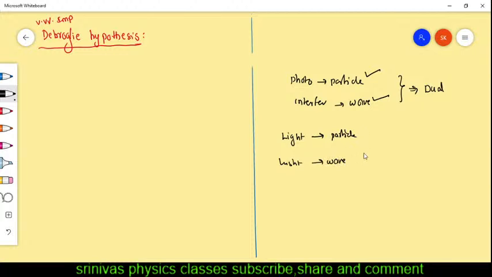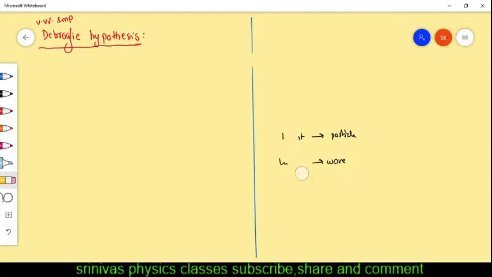Based on the situation, in some situations light behaves like a particle, and in other situations like a wave. The final conclusion is that light has dual nature. Our chapter name is dual nature of radiation. Light is also called radiation.